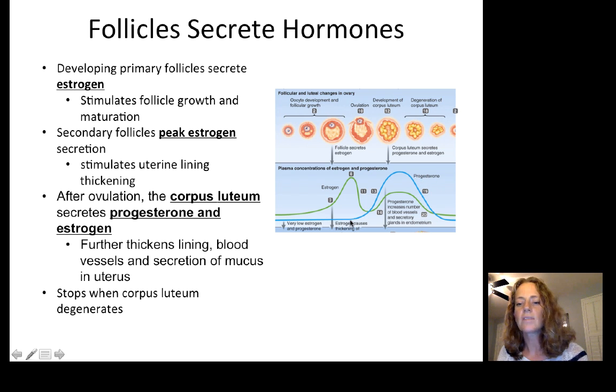So progesterone is now going to increase as the egg is out there looking for sperm to be fertilized. The estrogen will peak as the follicles are maturing. The progesterone will peak as the corpus luteum takes over. Progesterone stays up until the corpus luteum degrades, and then after the corpus luteum degrades, progesterone goes back down.